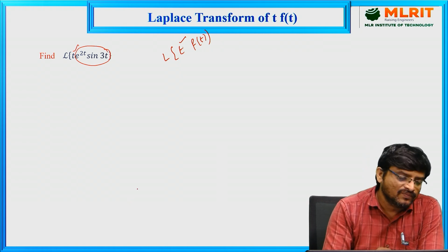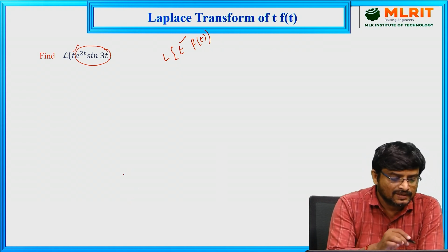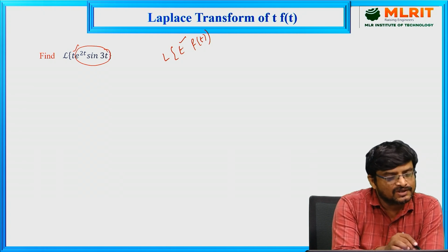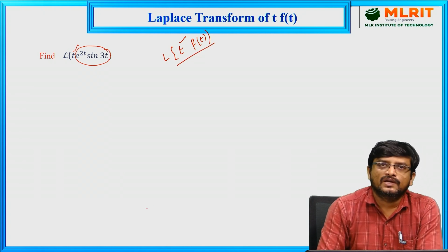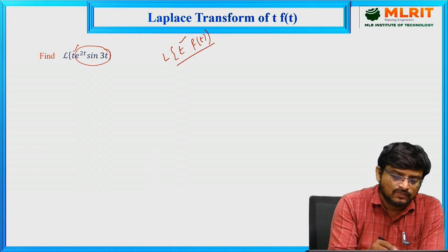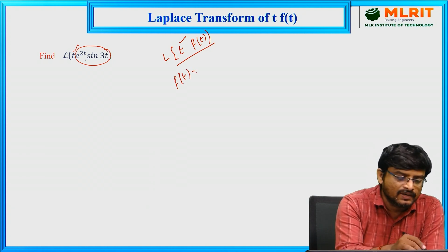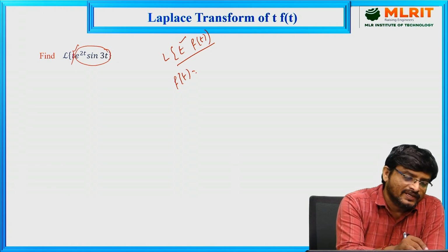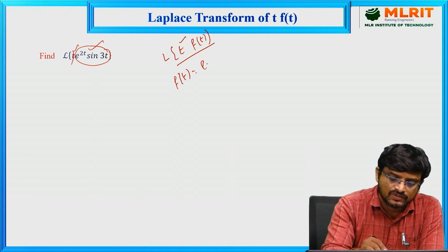So in the given function, if you find t as a multiplication of other function, then we can use this standard formula t into f of t. Now by comparing this, what is f of t? Neglect this t term and consider the remaining function as f of t. So you will get e power 2t into sine 3t.